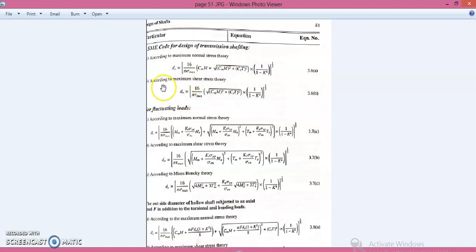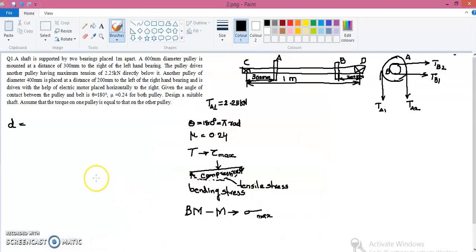And similarly, according to the maximum shear stress theory, we have the diameter is equal to 16 by pi tau max into square root of Cmm square plus Ctt square raised to 1 by 3. So I can write this equation here. The diameter can be found out using two theories.